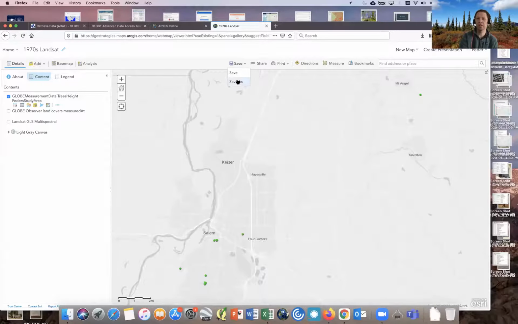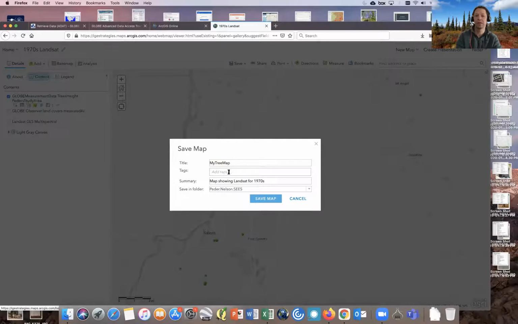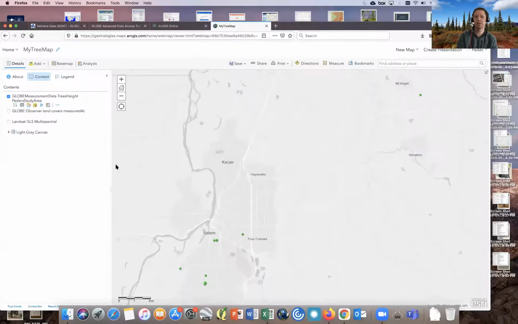And I'm going to save this map as my tree map. And again, I want to use a nice tag here and make the summary so that it's my tree map. But you want to be nice and descriptive about this. So I'm going to save that.